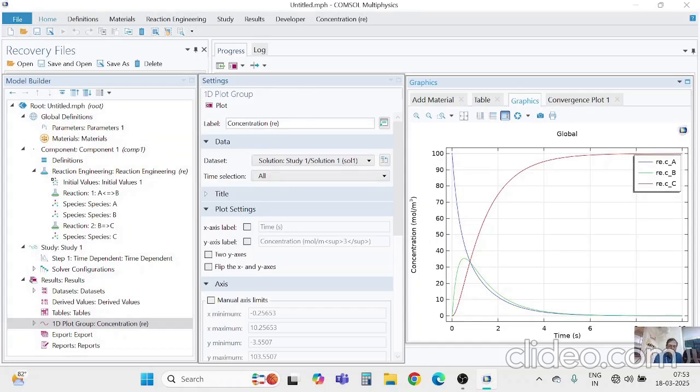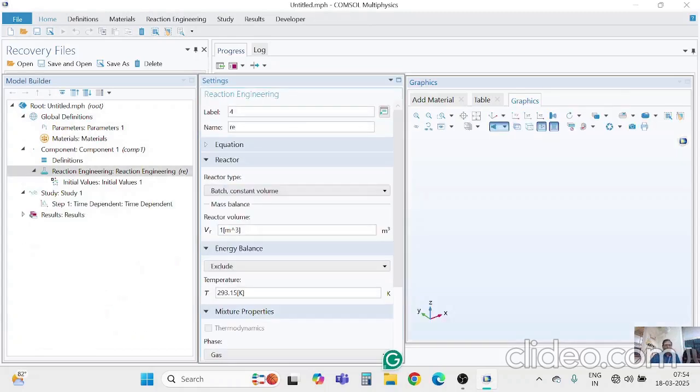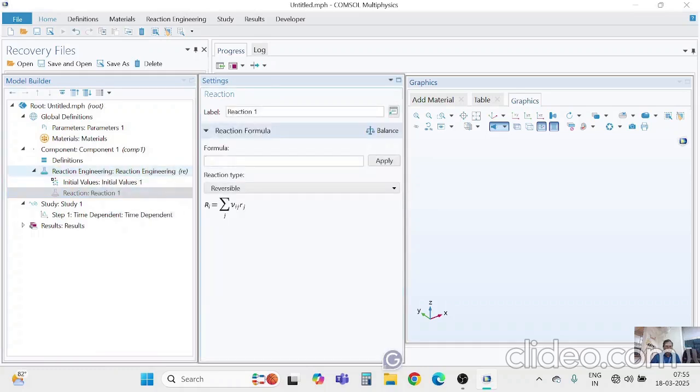Another example is enzymatic reaction. So in enzyme kinetic reaction, what we can do is we can go for reaction. This is an enzyme E reacting with substrate S, forming a reversible reaction, gives ES, apply.